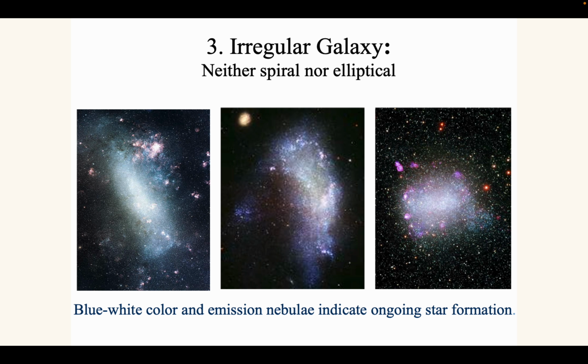Their blackbody spectrum peaks in the UV region. For irregular galaxies, the spectrum peaks near UV wavelength.